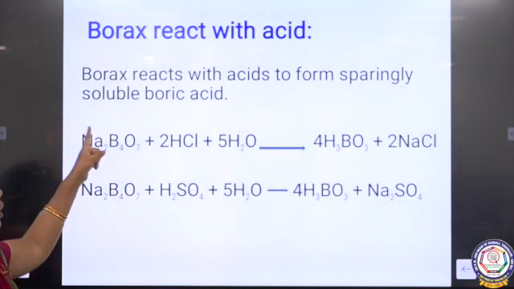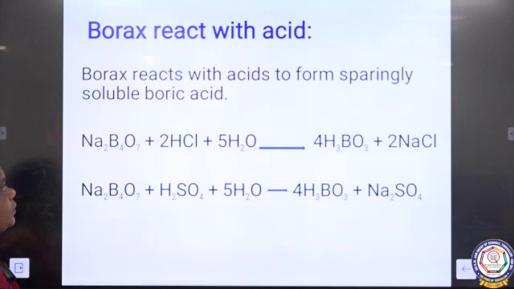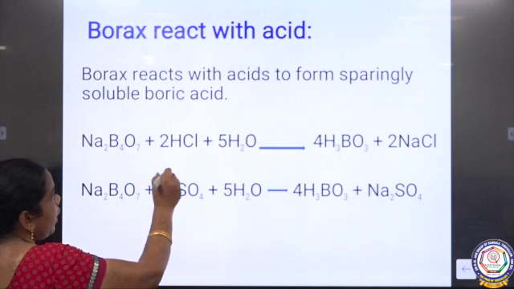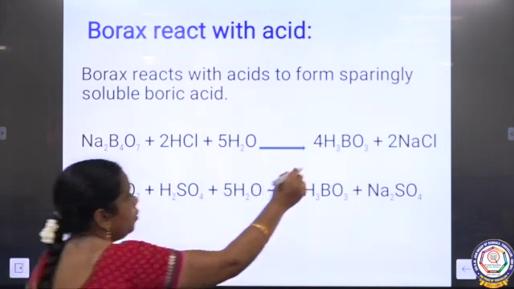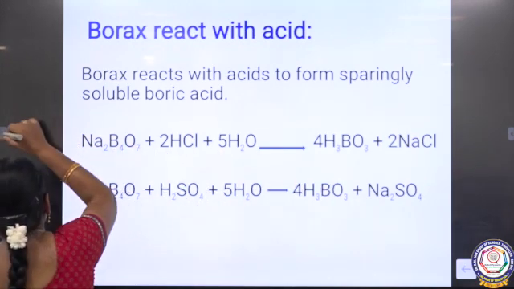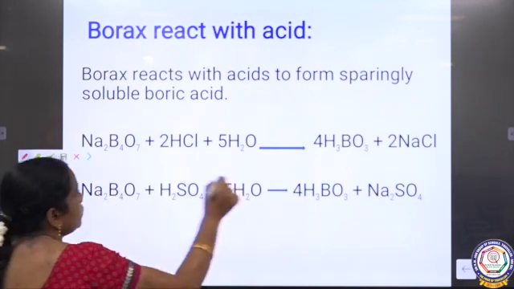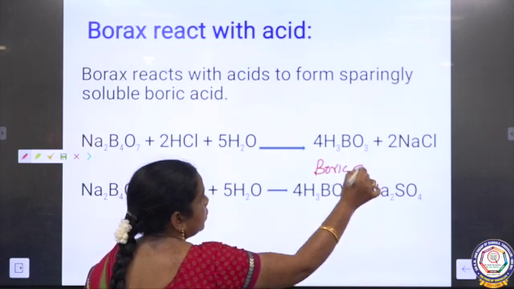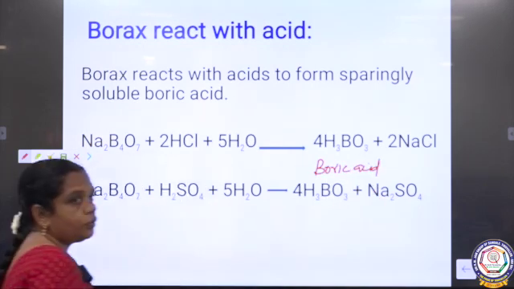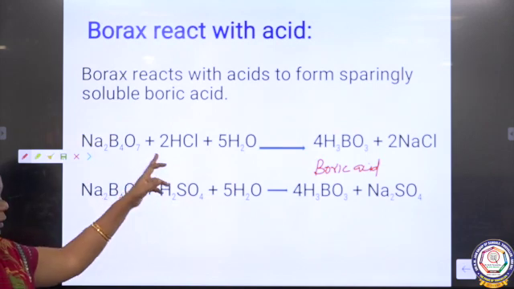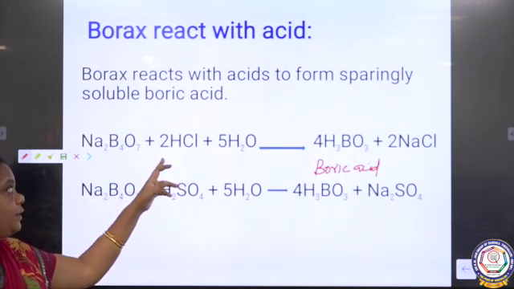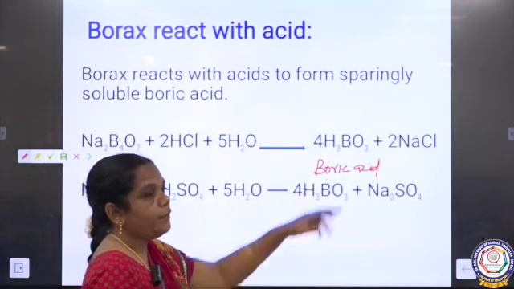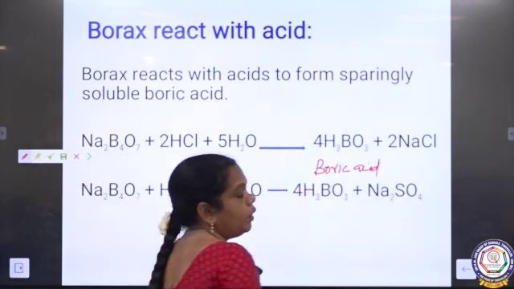Next, the reaction of borax with acid. It is sparingly soluble and forms boric acid. Borax reacts with a mineral acid, aqueous HCl, to give boric acid along with sodium chloride.